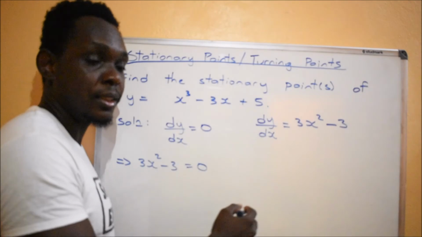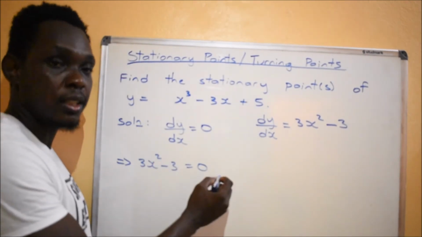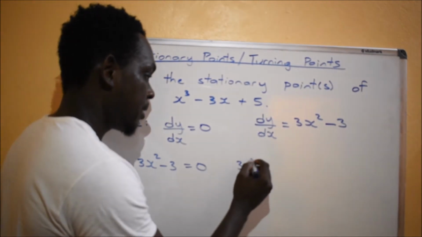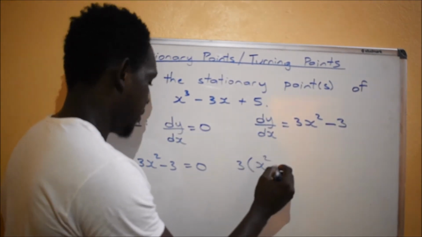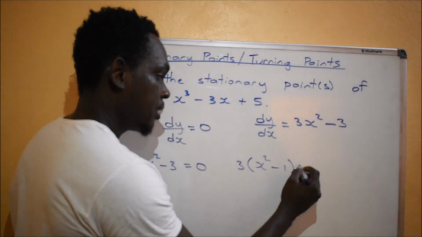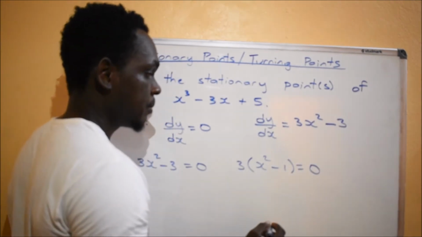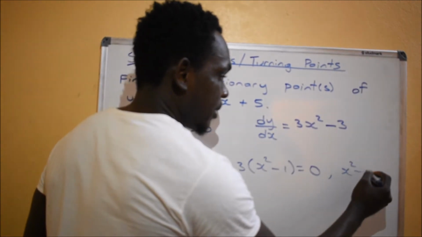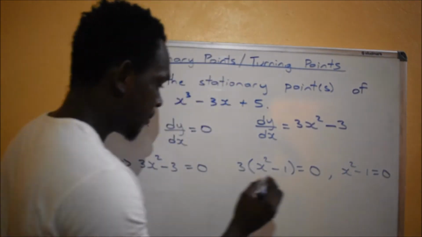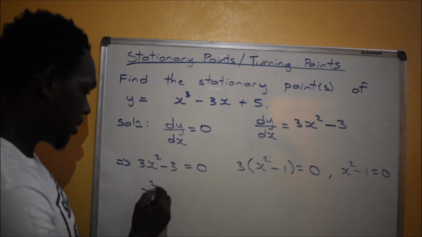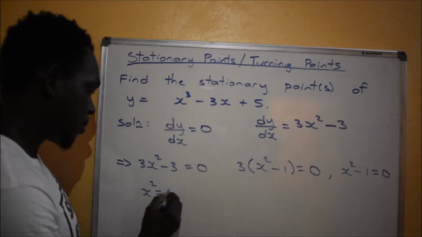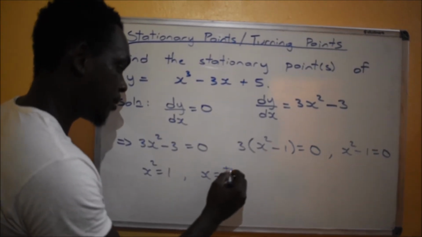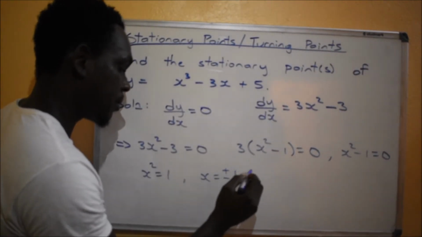Now it's just a matter of solving this equation. So we can factor out 3. So we have 3 times (x squared minus 1) is equal to 0. So this is the same as x squared minus 1 is equal to 0. x squared is equal to 1, which means that x is equal to plus or minus 1.